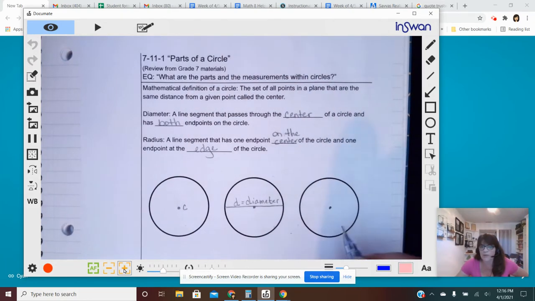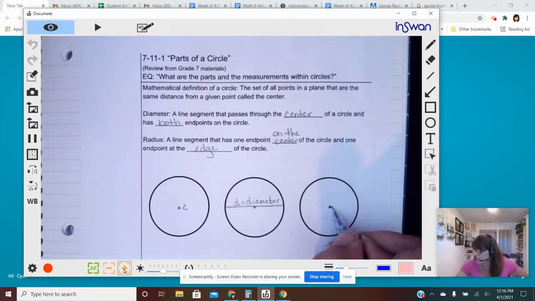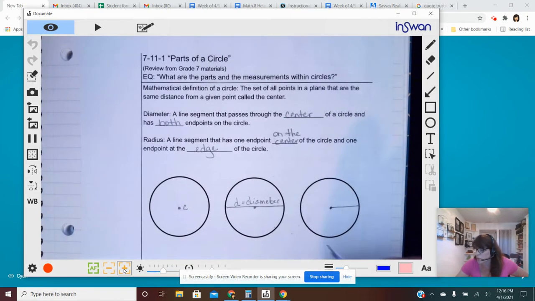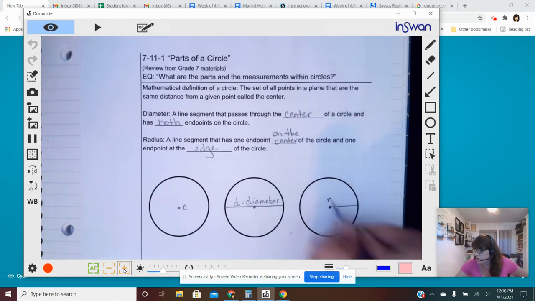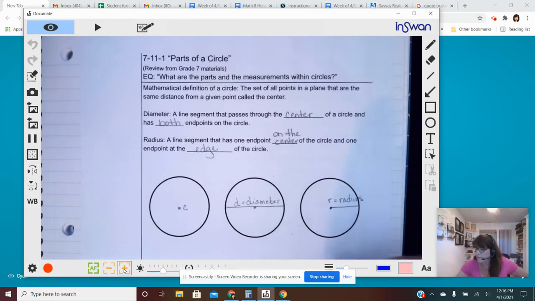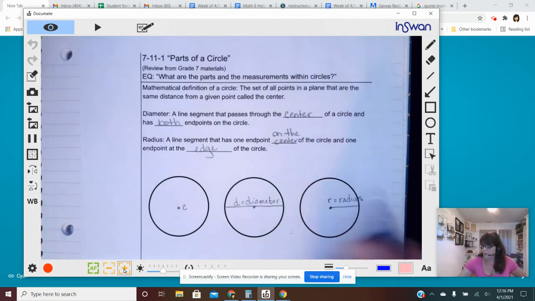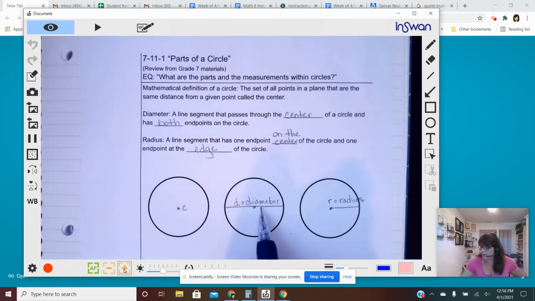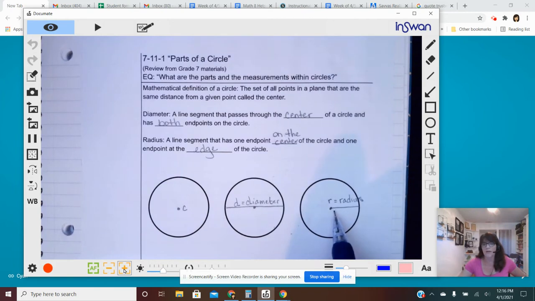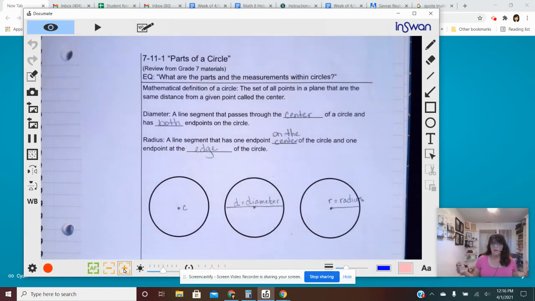Now, this is not new information. This is information that usually shows up in elementary school, but it may be a long time since you've done it. Usually a lowercase r is what stands for radius. Okay. So we have center, we have diameter, and we have radius. Okay. That's the basics. I also want to show you how we name them.